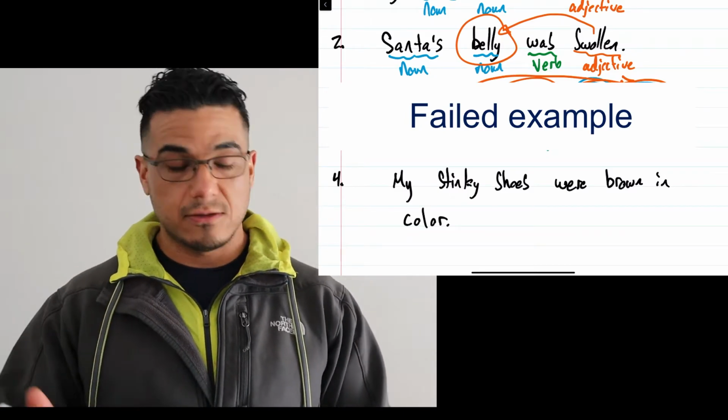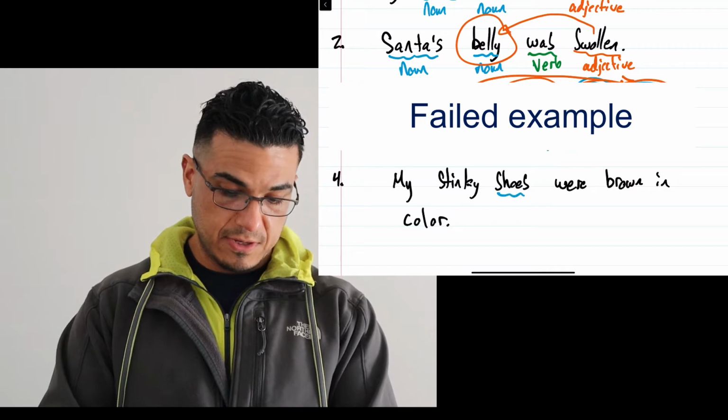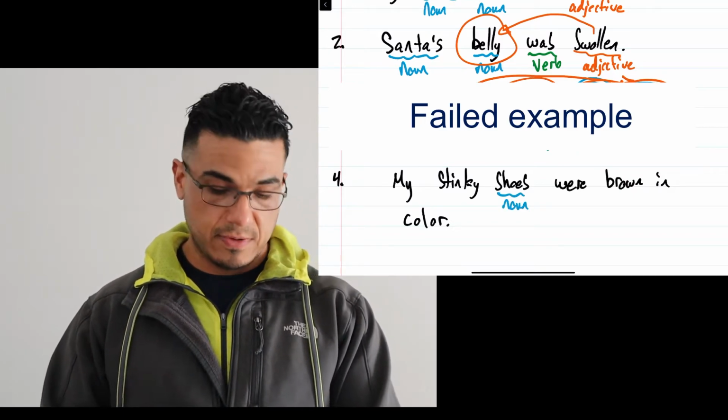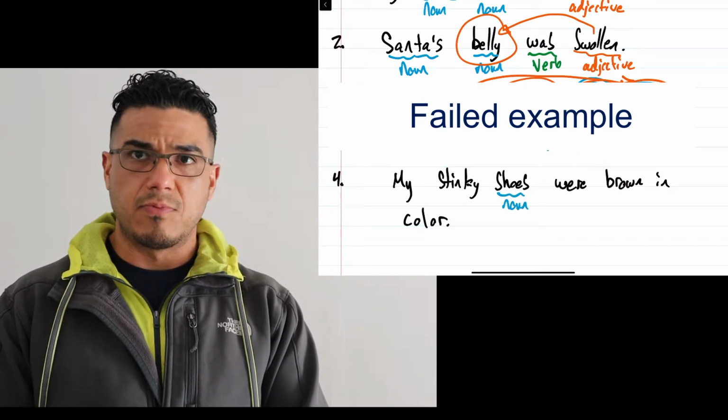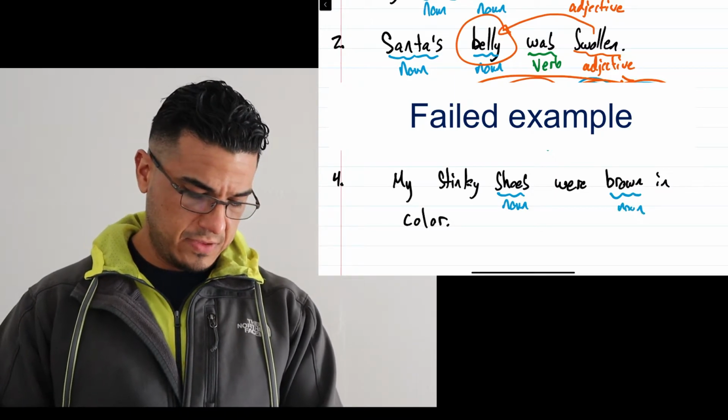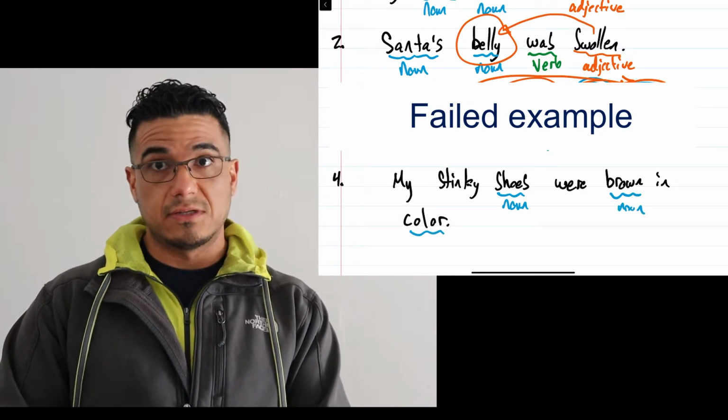All right, looking at those nouns, we have shoes. Those are things, right? You wear them. Brown. Well, brown's a color, right? Color is a thing.